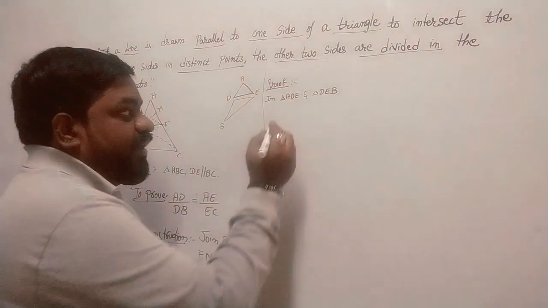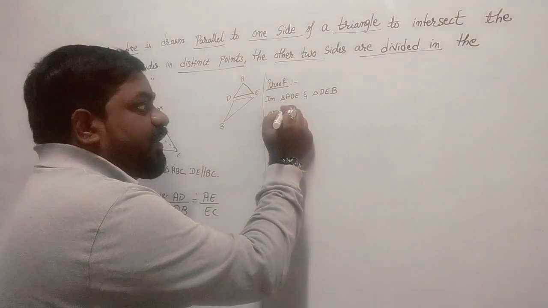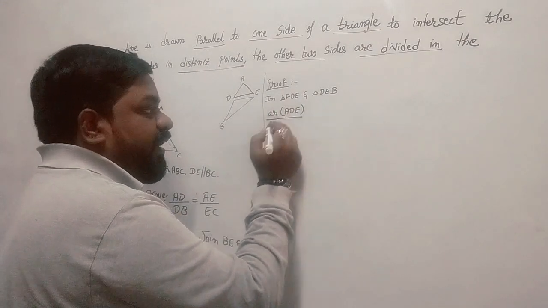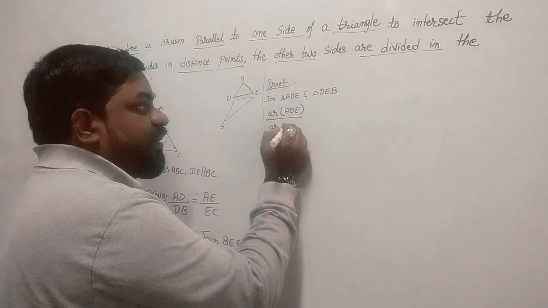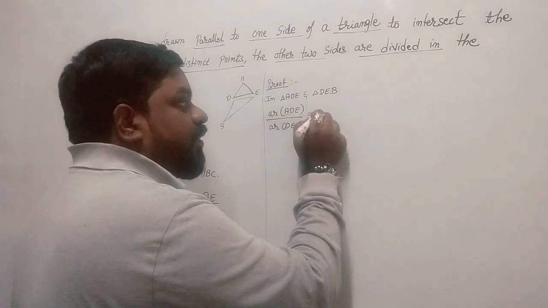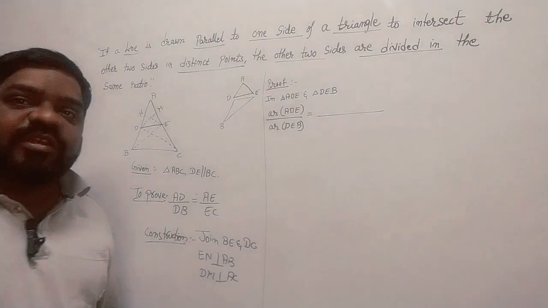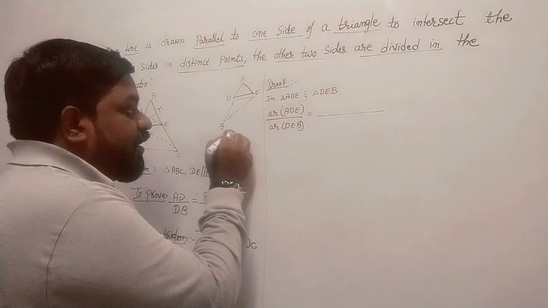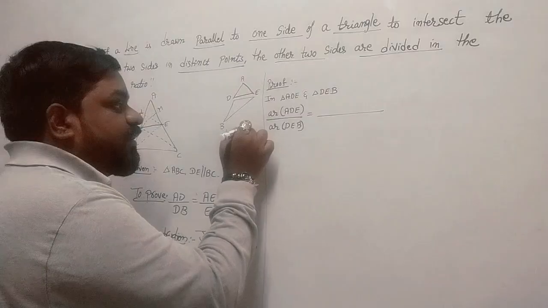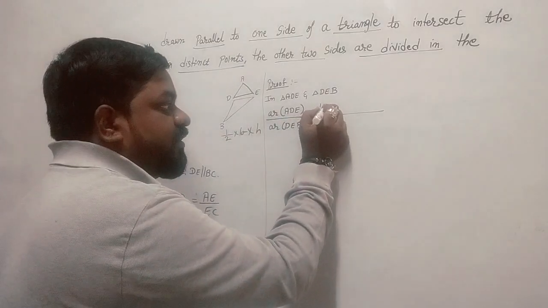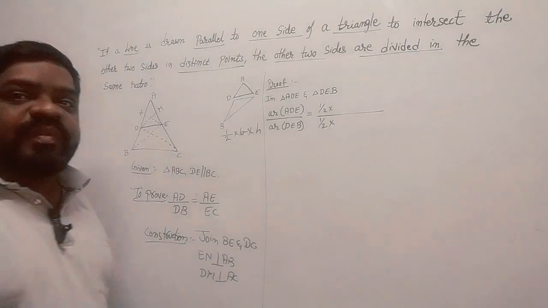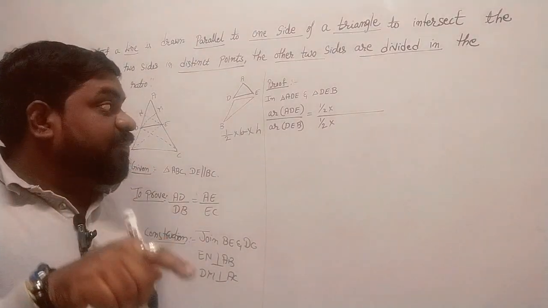In these two triangles, we need to find the area of triangle ADE by the area of triangle DEB. Now what is the formula to find the area of a triangle? Half into base into height. So first write half, then write the base.